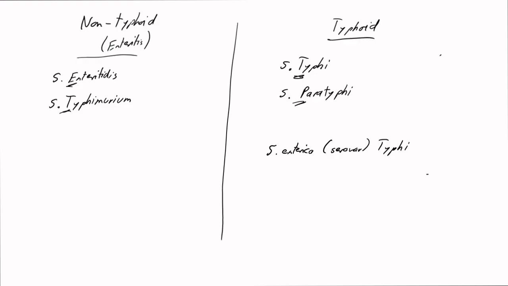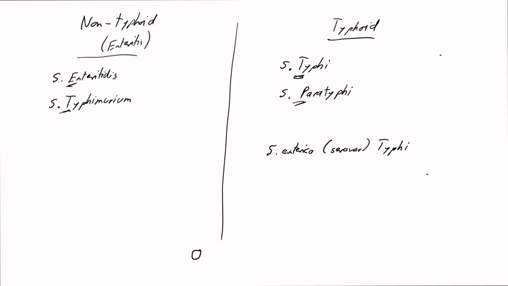Now what does this mean, serovar? You can essentially think about it like a bacterial strain that is distinguished from other strains based on surface markers, on serotype, so something that can be detected by antibodies. The most important surface markers are the O antigen, O for the German word Oberfläche, which is LPS.